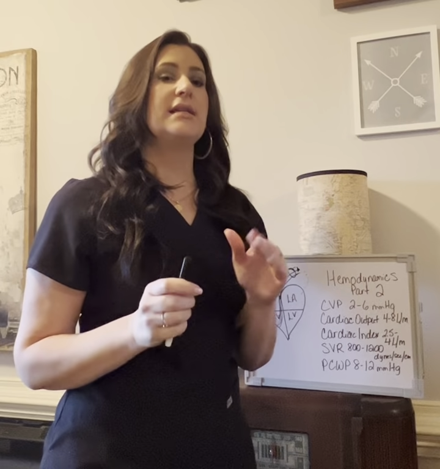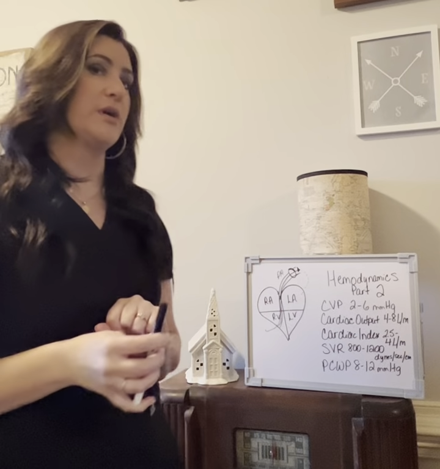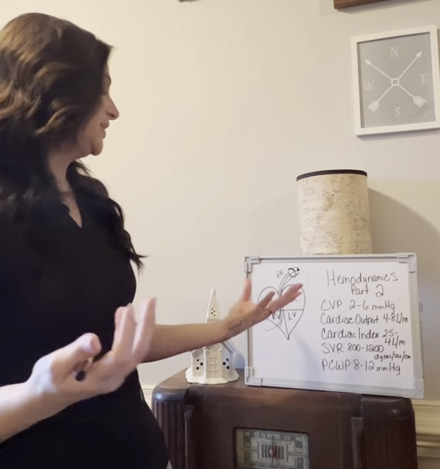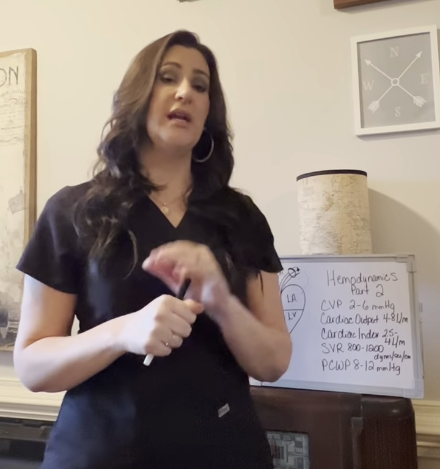CVP is a direct measurement of pressures within the right atrium. So CVP and right atrial pressure are totally interchangeable terms, all right? We can measure CVP simply through connecting CVP tubing and hooking it up to a transducer and to the monitor with the distal port of a central line.